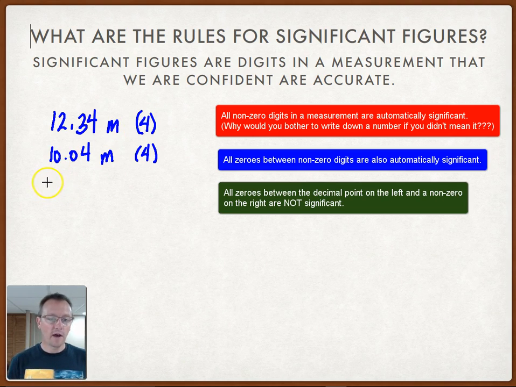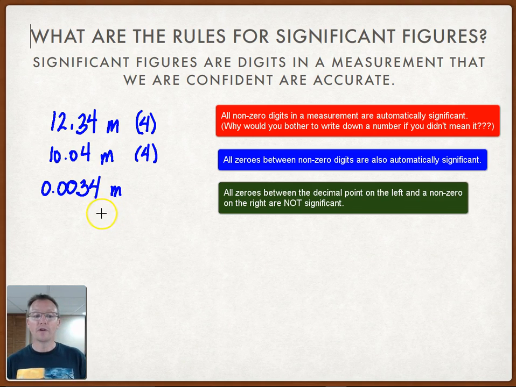If you have a value with leading zeros, like this, let's say the measurement is 0.0034 meters. Those leading zeros don't actually count as significant. Here's why.